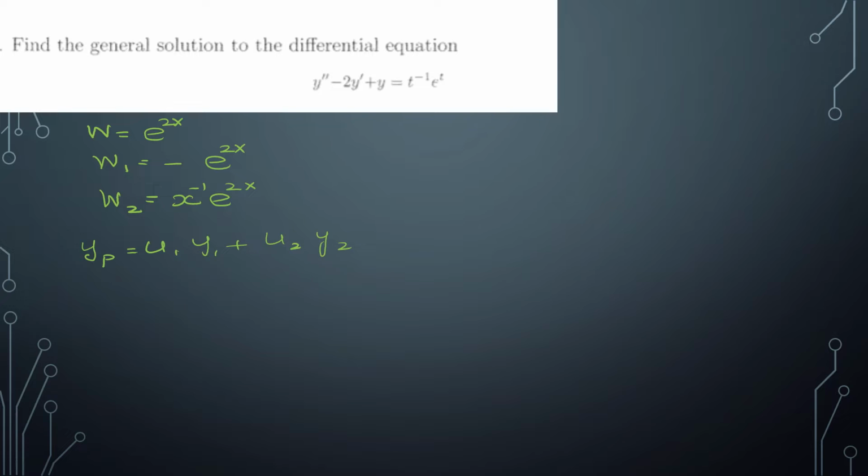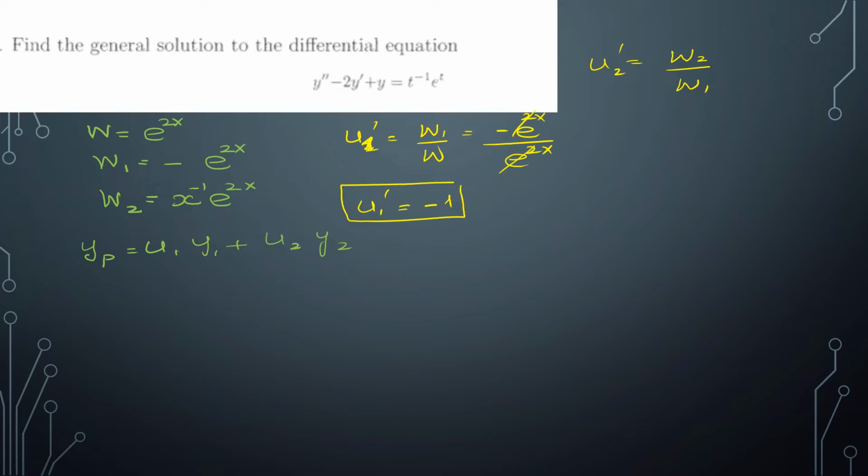Now what is u2 prime? u1 prime is W1 over W, and u2 prime is W2 over W. So your W1 is negative e to the power 2x and your W is e to the power 2x. So they cancel. The answer, u1 prime, is negative 1.